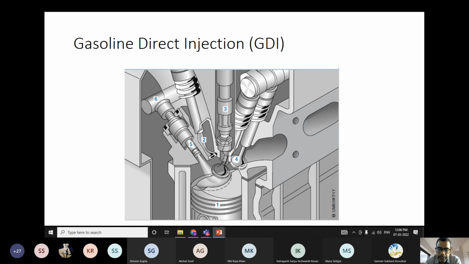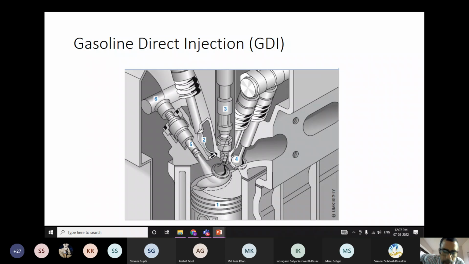In SI engine, we have already discussed the port fuel injection system in detail: how it is integrated with the engine, what different parts are required, how it logically communicates with the engine control unit, where the injector can be located, and what the demerit of the PFI engine is. These are some of the things we have already discussed.